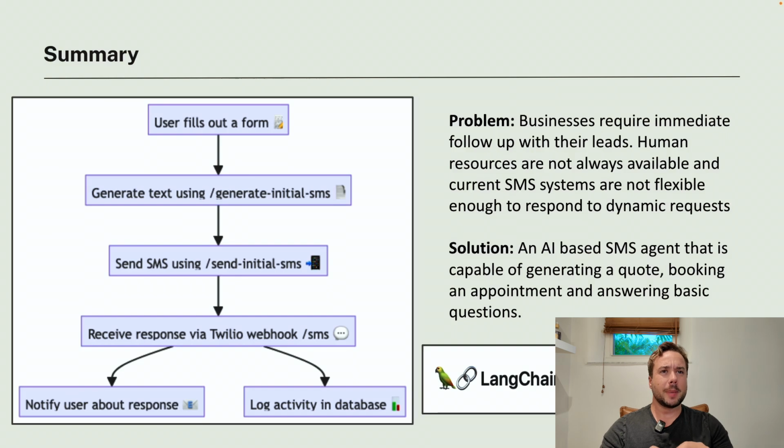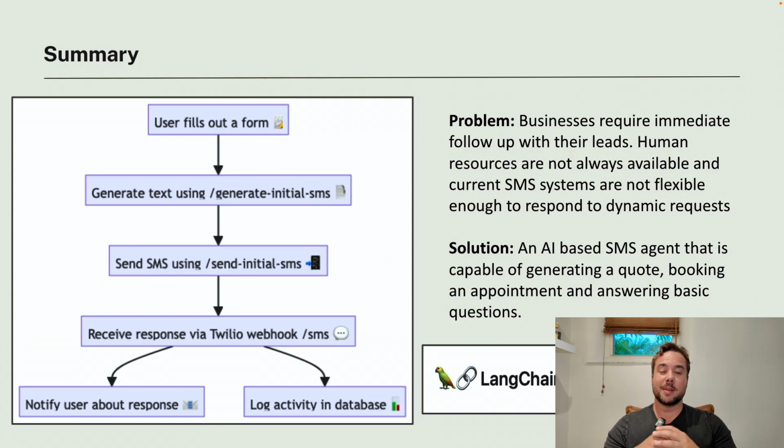Basically the problem that we have is that a lot of businesses require immediate follow-up with their leads, whether that's a law firm, really any kind of business that has some kind of digital presence. And human resources are not always available. You may not want to pay for an expensive call center to always be on call.